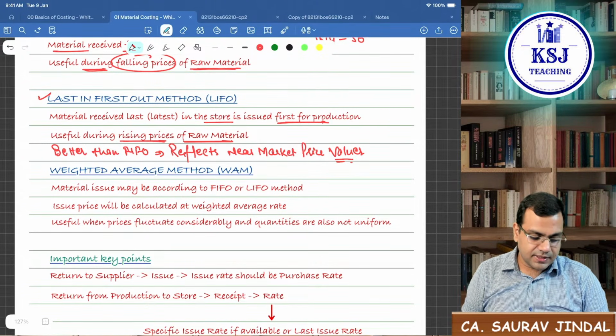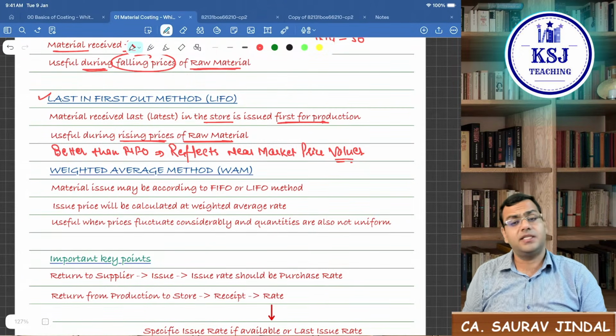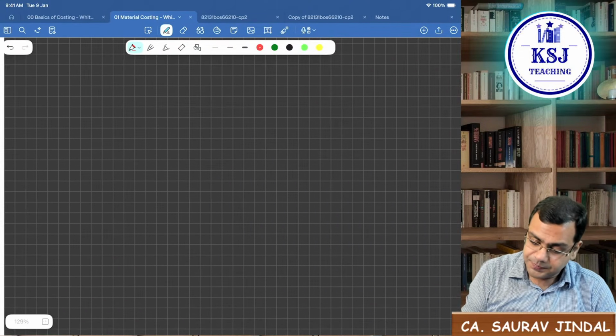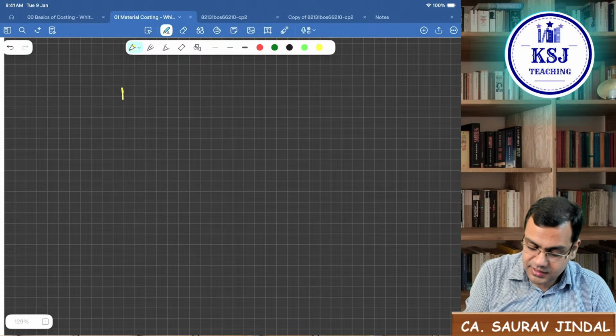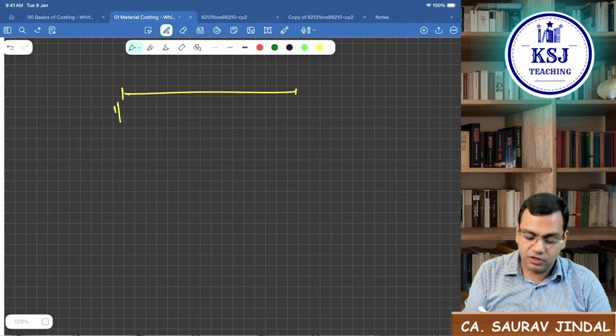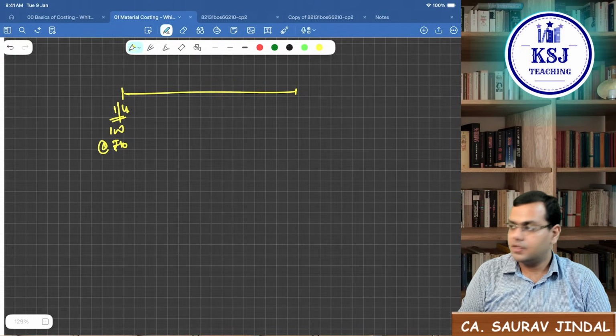Now in this LIFO method, when we are saying the material received last is issued first, one thing you have to be careful about. Say this is the time period, this is 1 month. On 1st of April, you received 100 units at rupees 10 per unit, right?